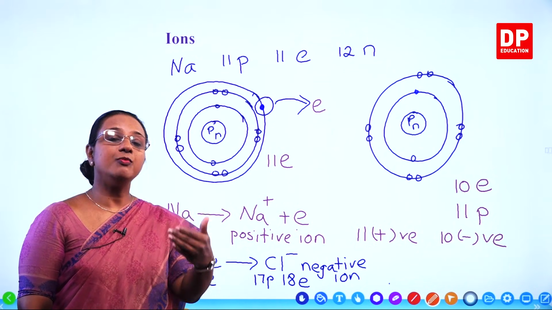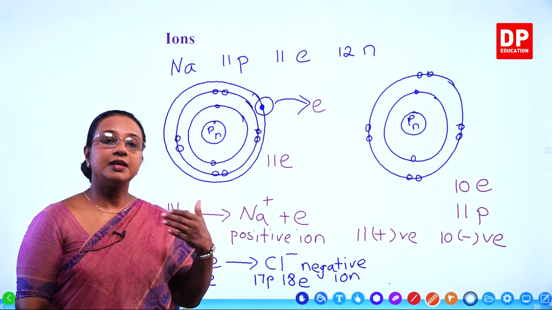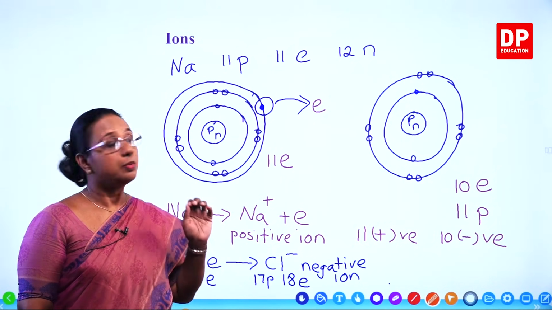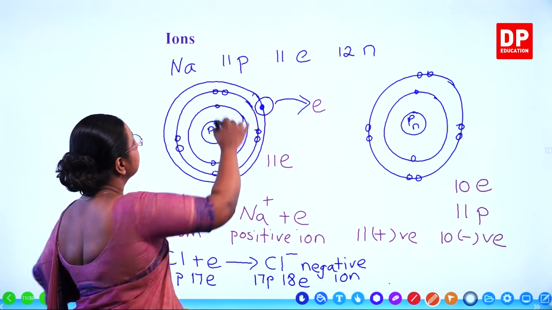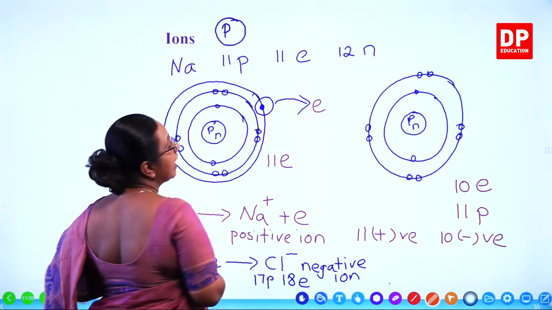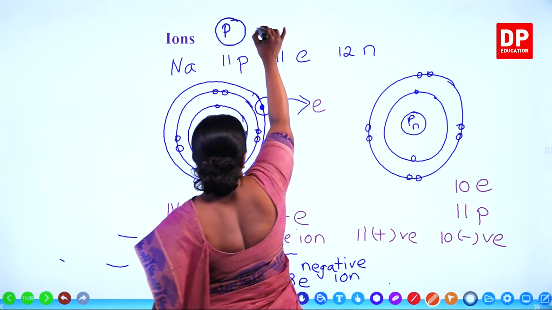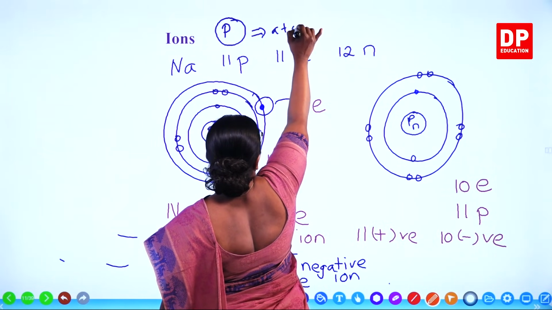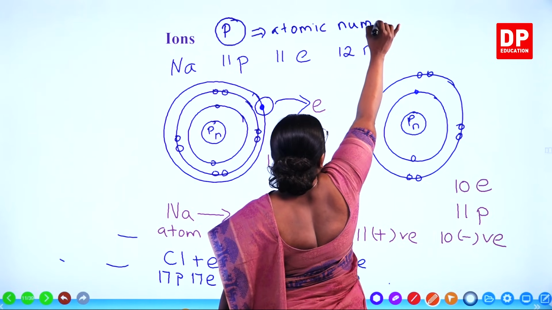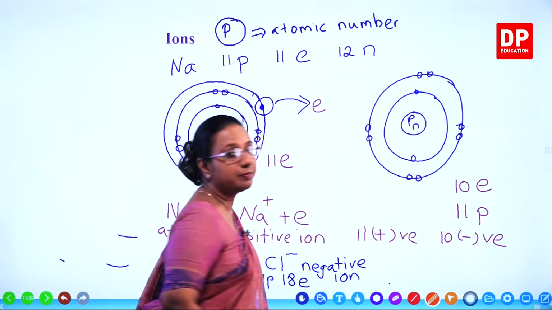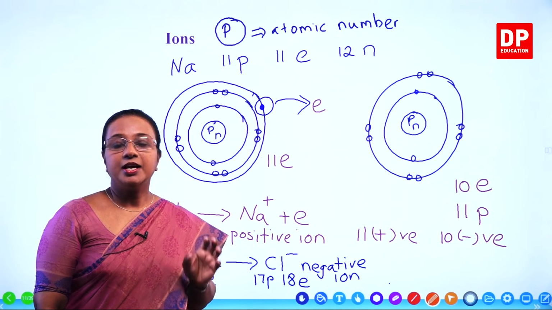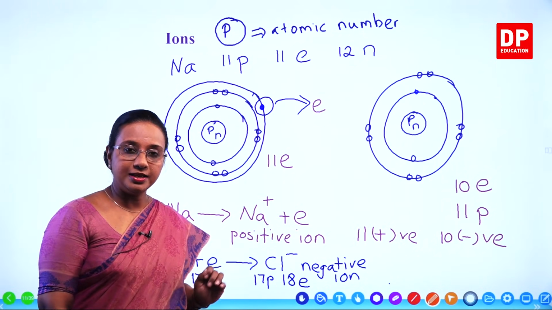But it can vary when a chemical reaction is taking place. That is the reason we consider only the number of protons for the atomic number. And this is a unique property of atoms. I hope you all understood this very clearly.